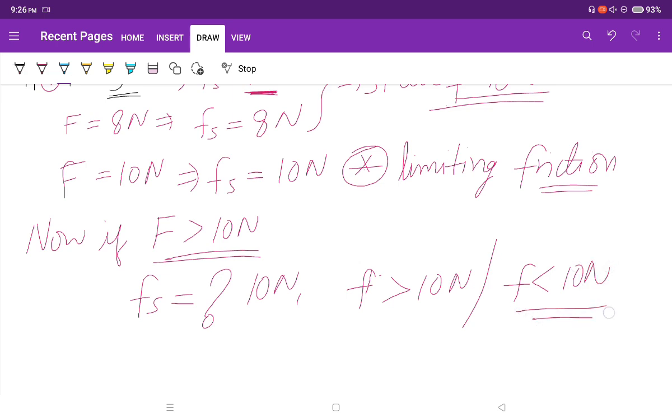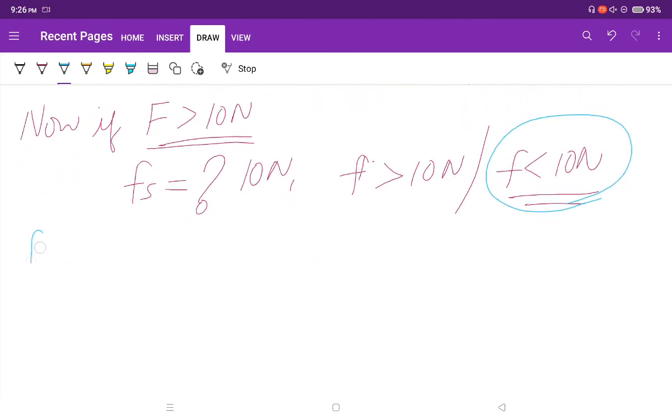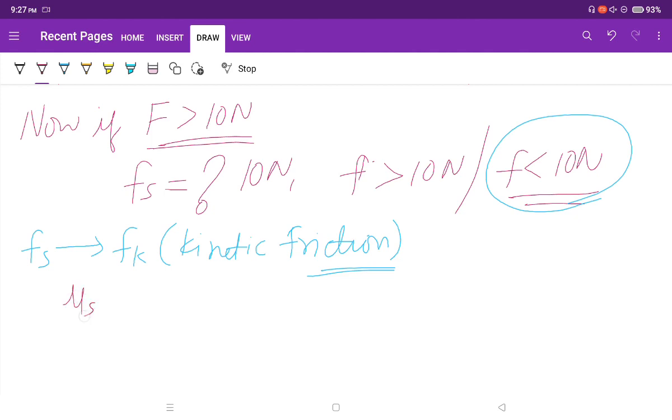Right, so we will see that it is less than 10 newtons. What will happen here? Now the Fs will change to Fk, which is called kinetic friction.